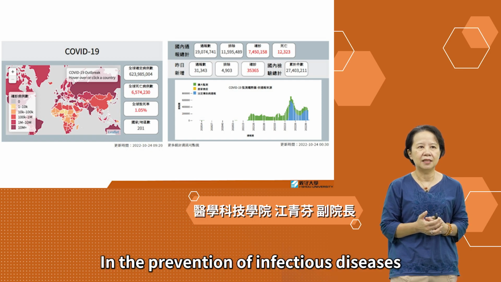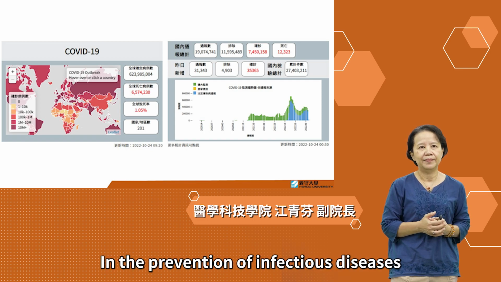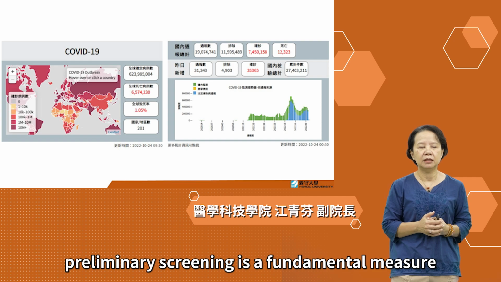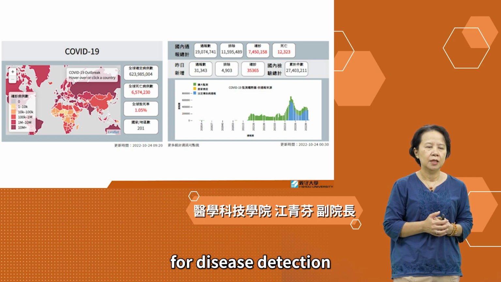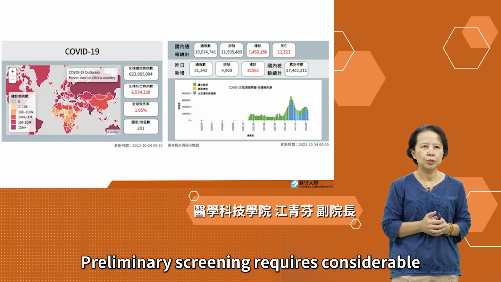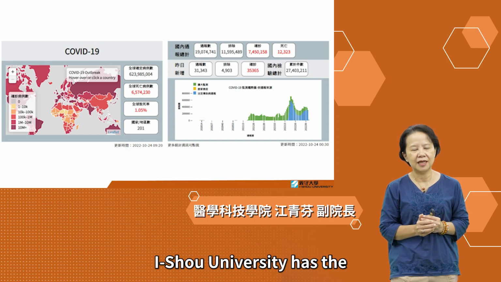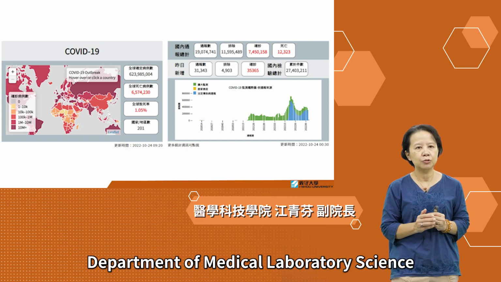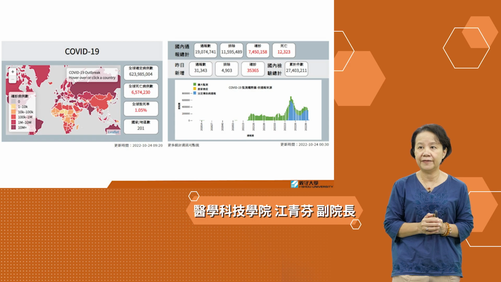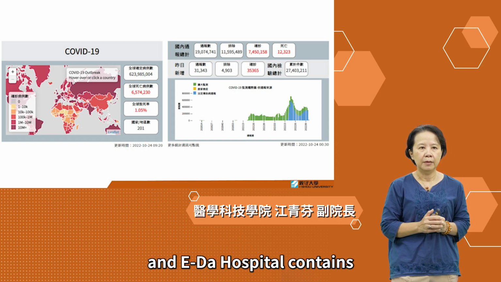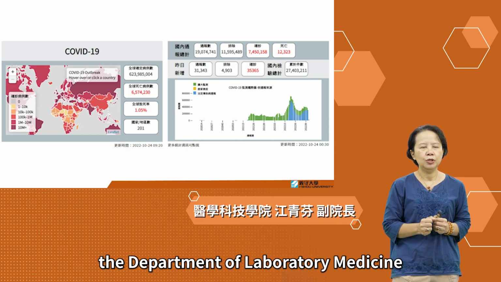In the prevention of infectious disease, primary screening is the fundamental measure for disease detection. Primary screening requires considerable human resources. Fortunately, Iso University has the Department of Medical Laboratory Science, and Ida Hospital contains the Department of Laboratory Medicine.